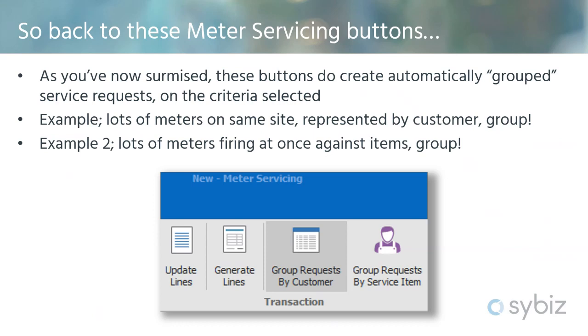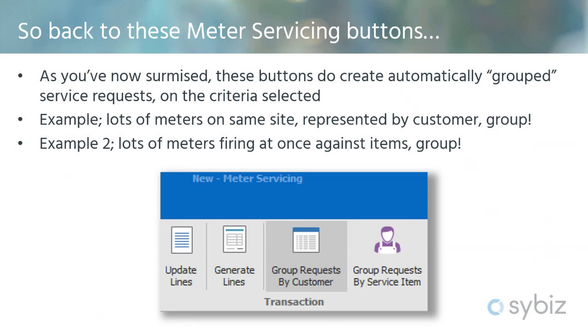Click group requests by customer. It's going to produce just one container, and then all the service requests are going to be linked to that container, grouped up accordingly.